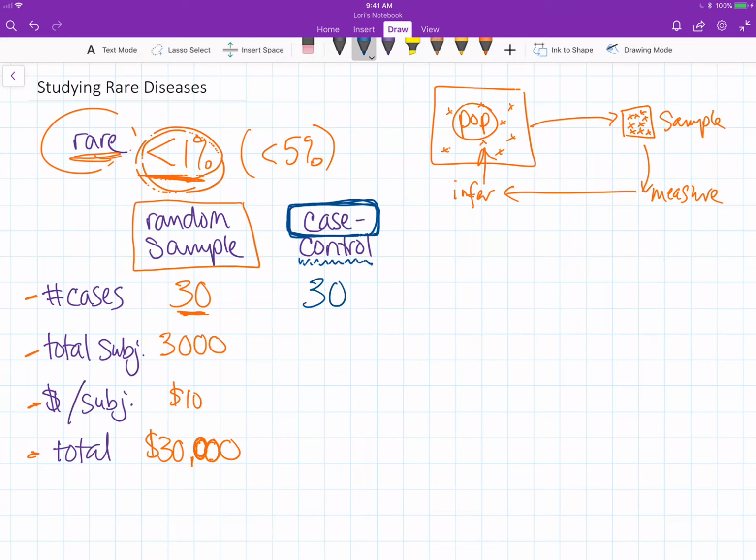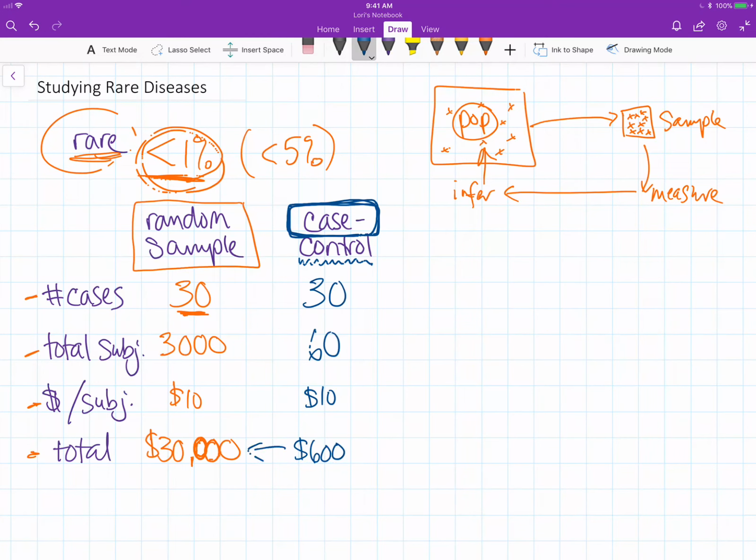We try to select controls that are as similar to the cases on a variety of different things that are unrelated to the relationship we're looking at. But let's just imagine that we need to have 30 controls, so we would have a total of 60 subjects. Now, if our study costs $10 a person, this is only going to cost us $600.